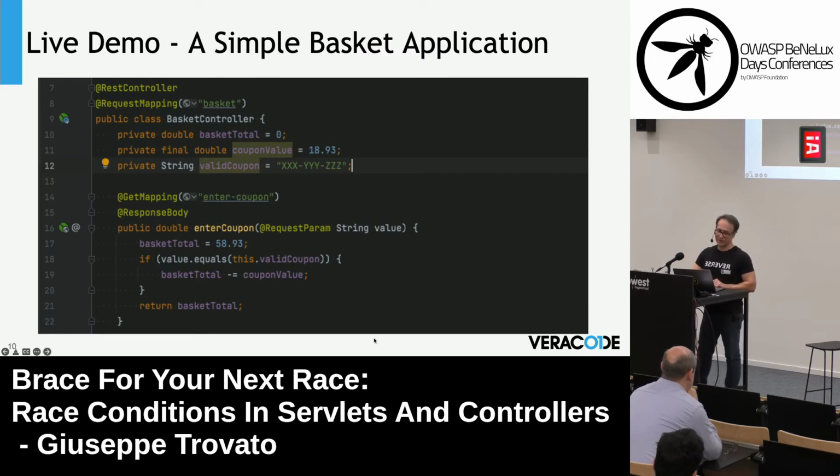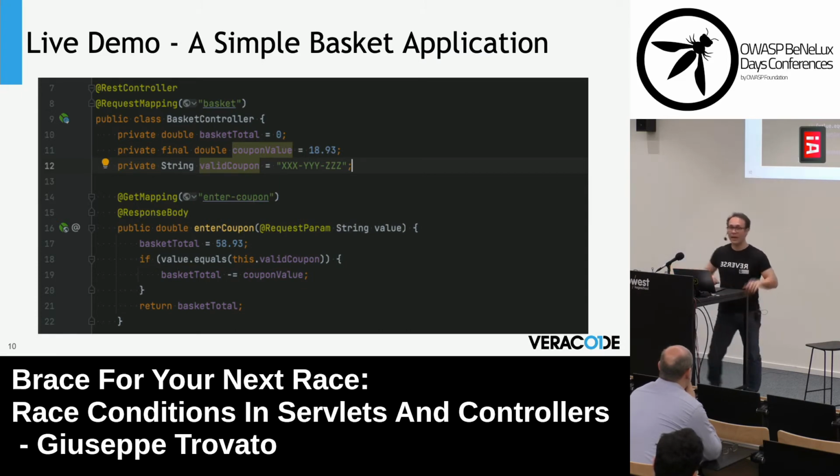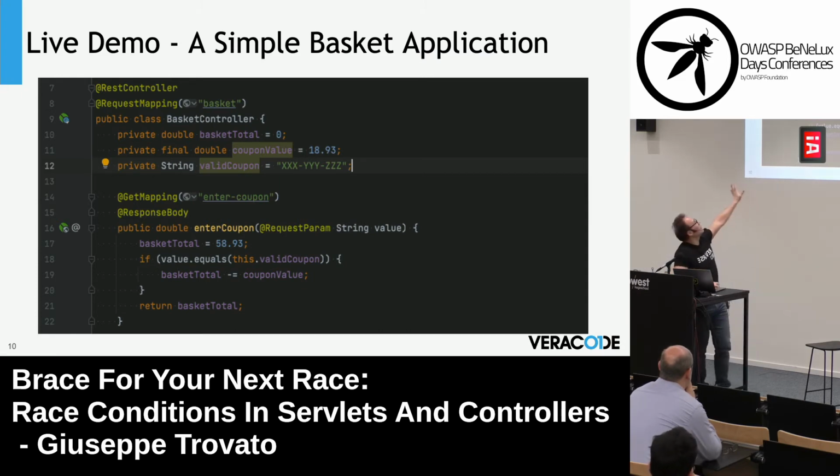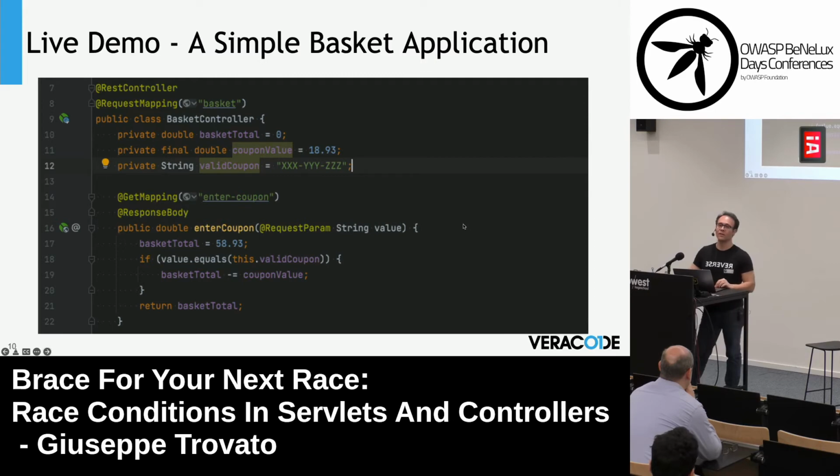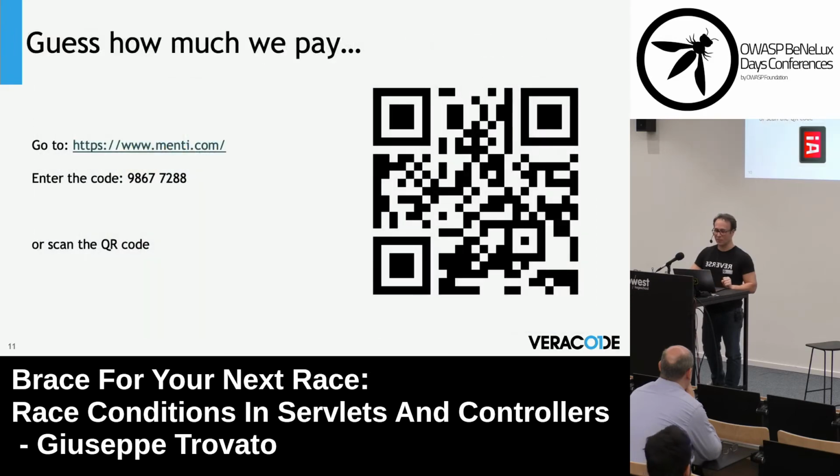Looking at this code, unless you already see what's wrong here, and there is something wrong already. So what do you think will be the value of the basket if we play with this application? Now get back to your phone and tell me what you think.